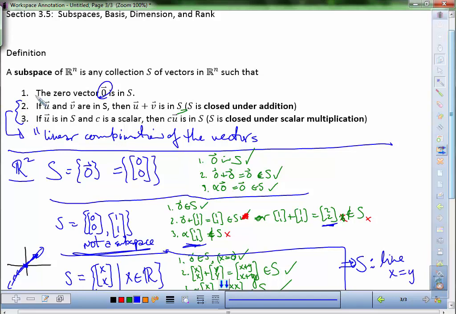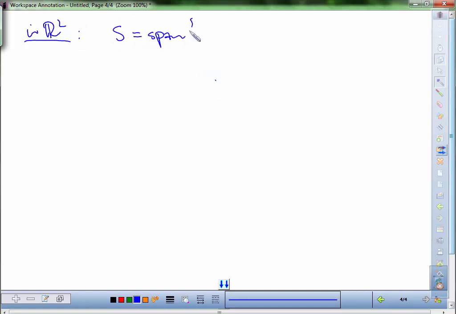And if you combine these 2 points, 2 and 3, you're really looking at a linear combination of those vectors. So let's go back to R2. What if you have S equal to the span? Span means linear combination of 2 vectors now.